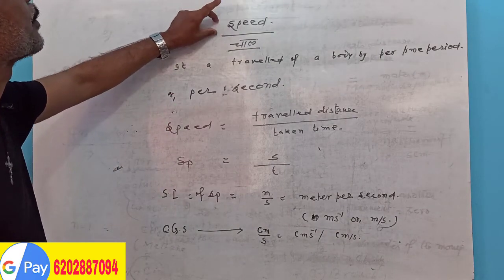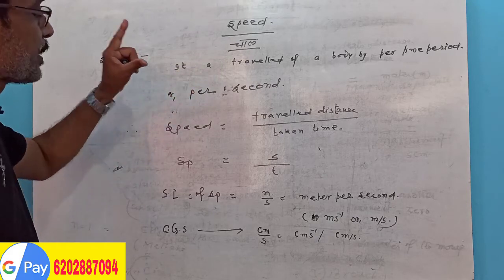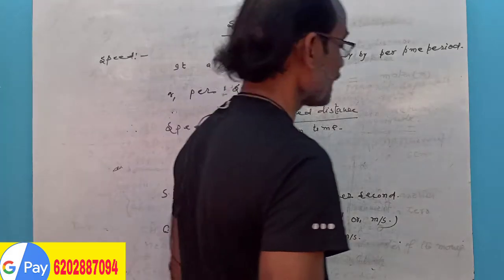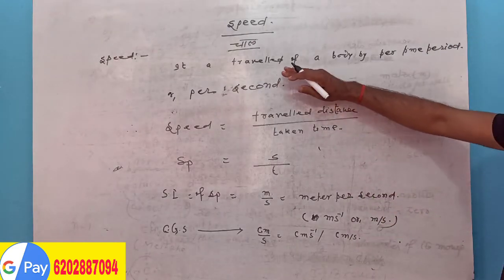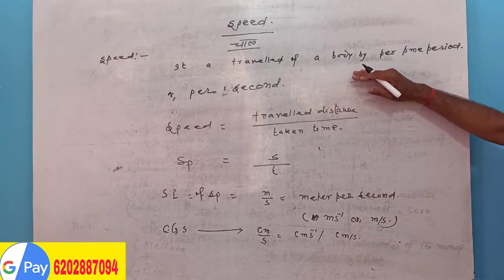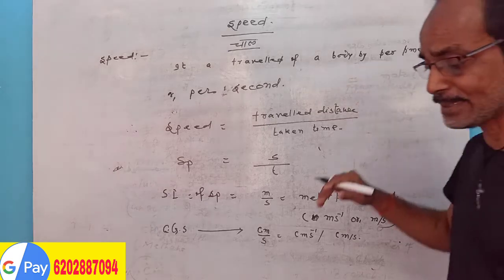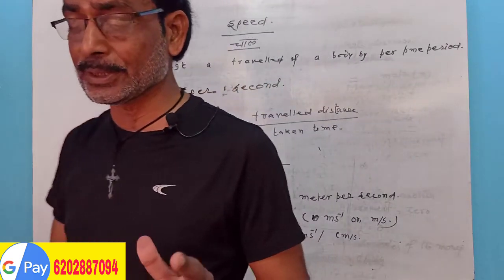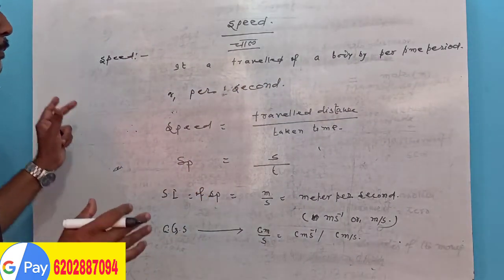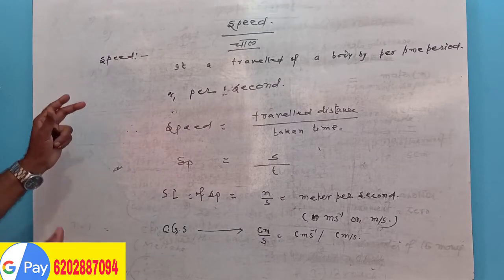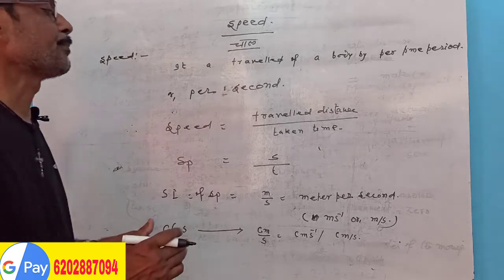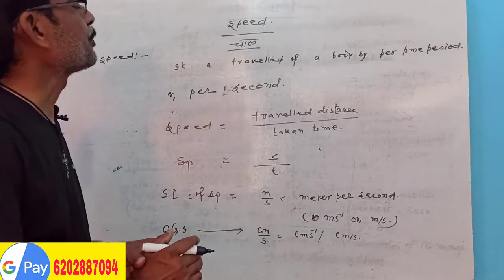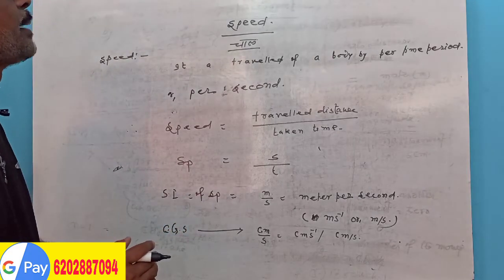We are knowing about speed. Listen again. Speed is the travel distance and also indicates how slowly or fast a body travels a certain distance in per unit time period.